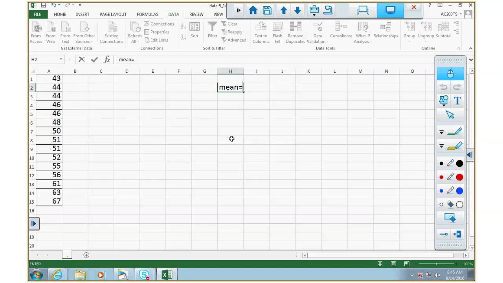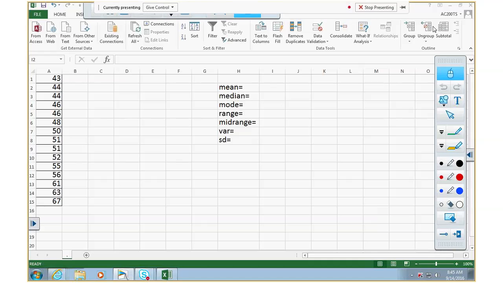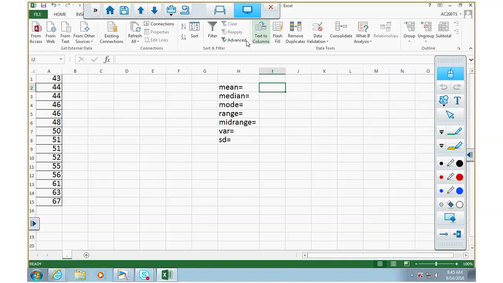Mean, median, mode, range, variance, standard deviation. The mean is the summation.